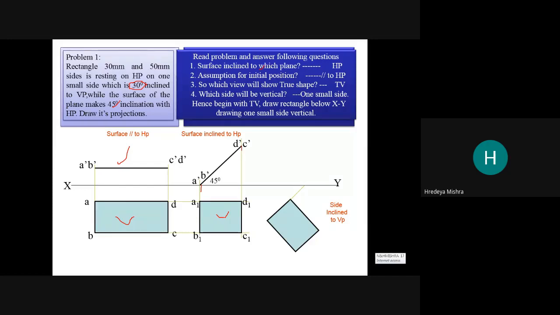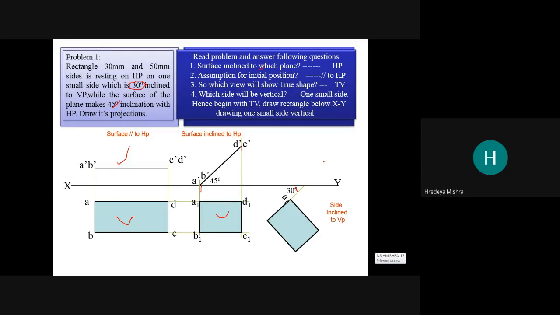Side inclination means one side inclined to the VP. So what happens? See here, side inclination is given to the vertical plane, so the side inclination is shown in the horizontal plane, just opposite. Okay, so this degree is 30 degree.